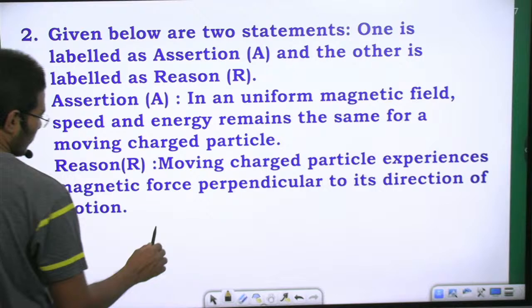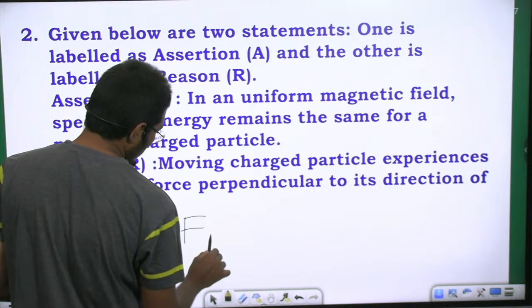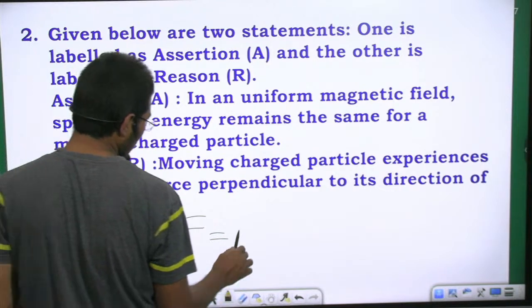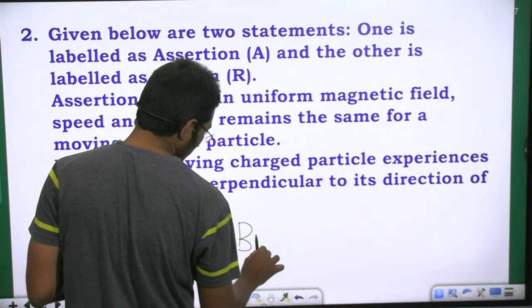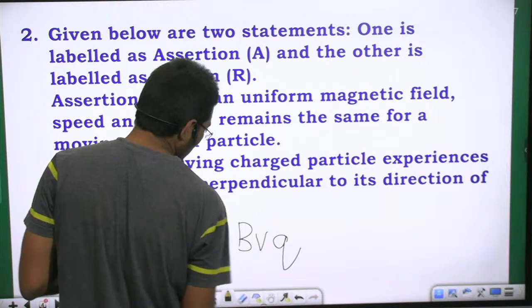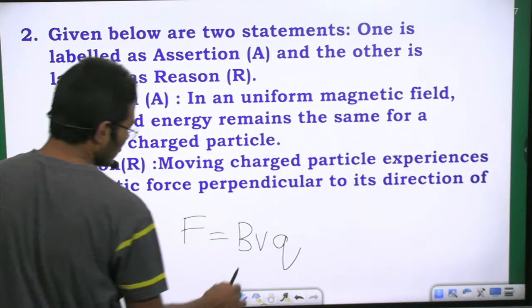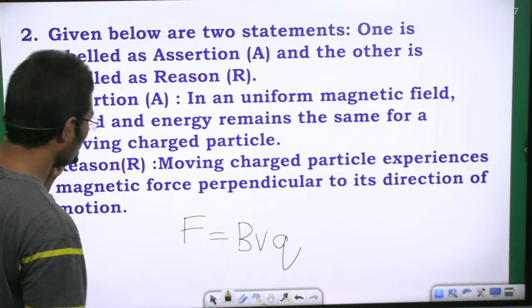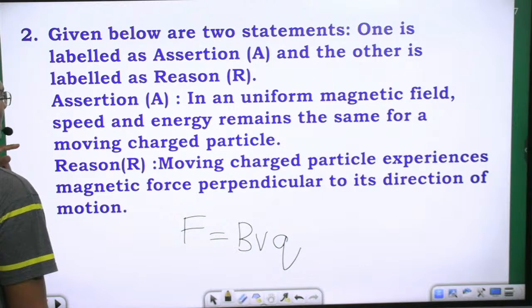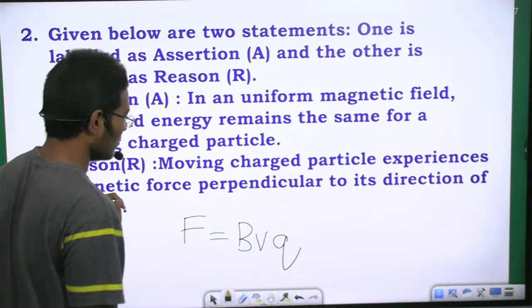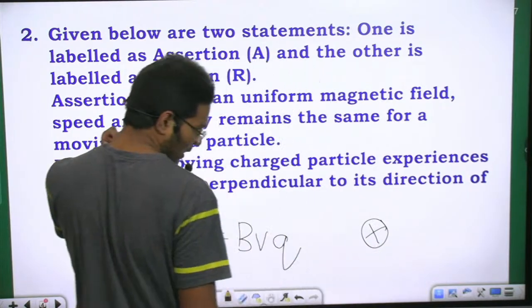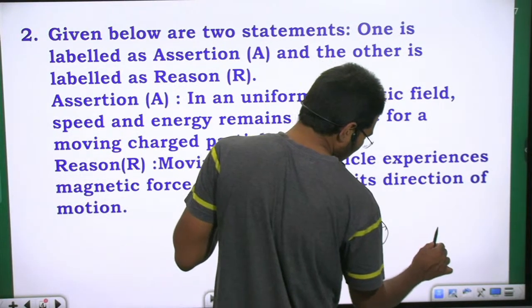From the basic fundamental formula, the force applied on a charge q which is moving in a magnetic field with velocity v is equal to q v B, where q is the charge, v is the velocity of the charged particle, and B is the magnetic field. So the assertion says that in a uniform magnetic field, the speed and the energy remain the same for a moving charged particle. So let us consider a magnetic field which is perpendicular, and the charge q is moving.